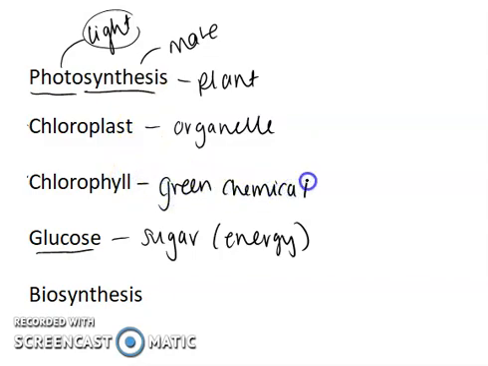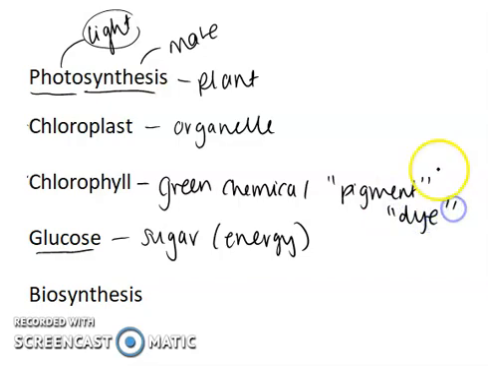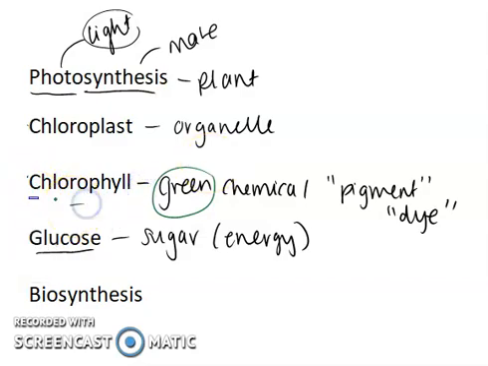Sometimes it's called a pigment or a dye, but the key point to note is that it's a green colour, and this is what gives plants and the leaves of plants that green colour. It's the chlorophyll that's found in there, and the chlorophyll is what actually absorbs that light energy.